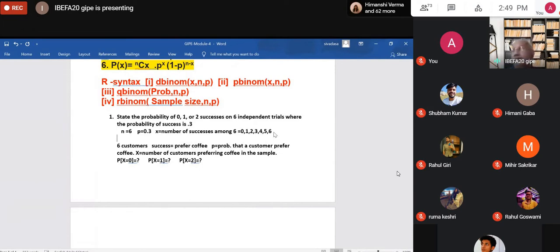These are the different parameters in the question. X equal to 0, X equal to 1, X equal to 2. These are individual probabilities. Each one is a simple single probability.